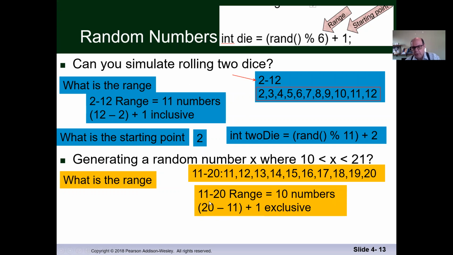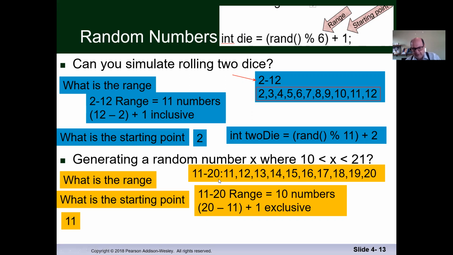So remember what I'm doing over here. I am not including 10, I'm not including 21. If I include them, then my range is going to change. So I need 10 numbers for this. The range between this is going to be 10 numbers. I need the starting point. So where is my starting point for this?